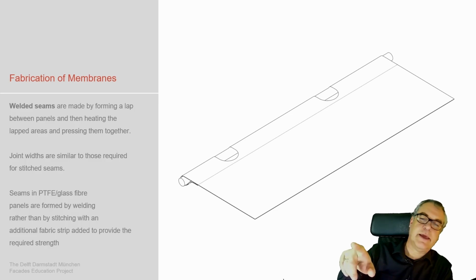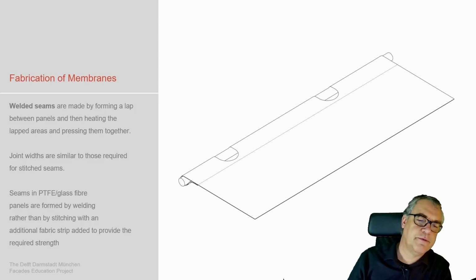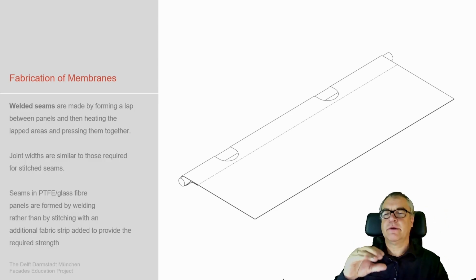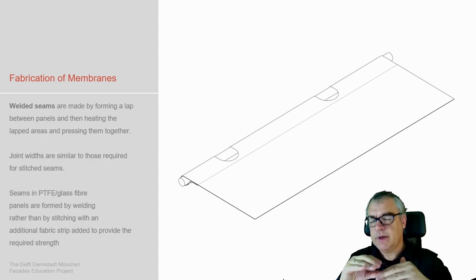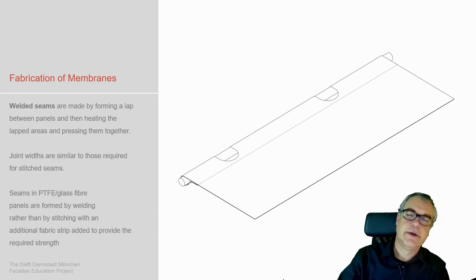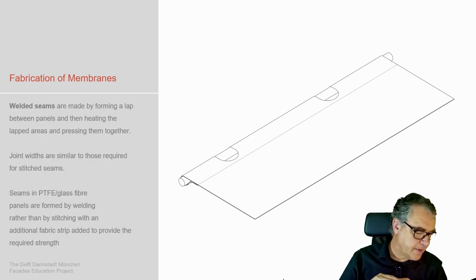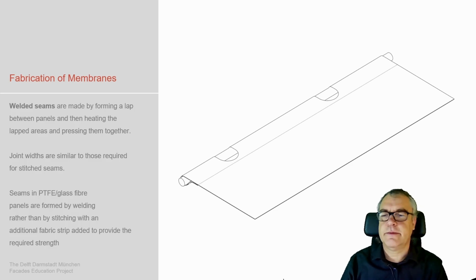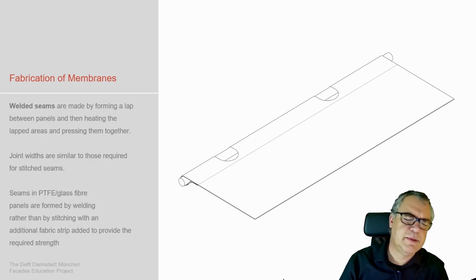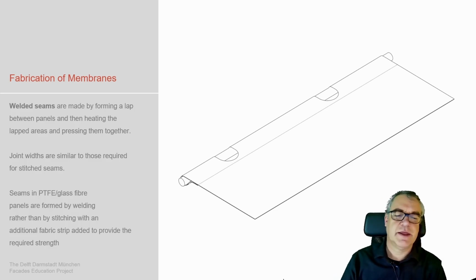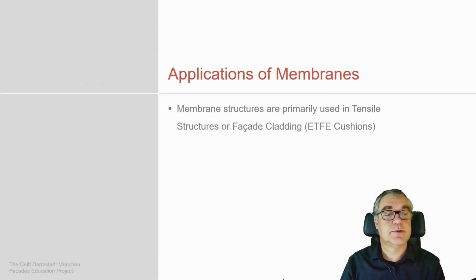You again have these two layers of material, and then with a heat iron, you heat either in between or on top to weld, to liquefy the outer surface of, for example, the PVC, and then weld it together as a system.